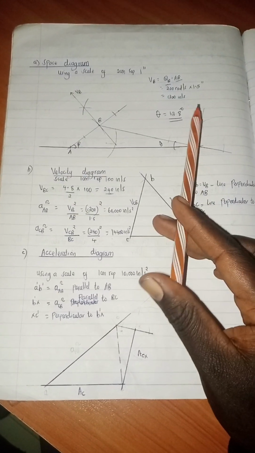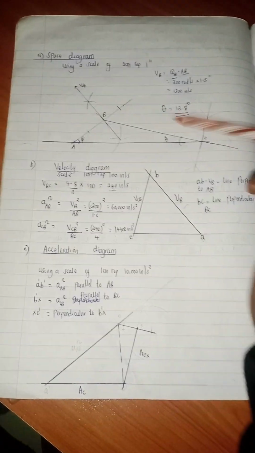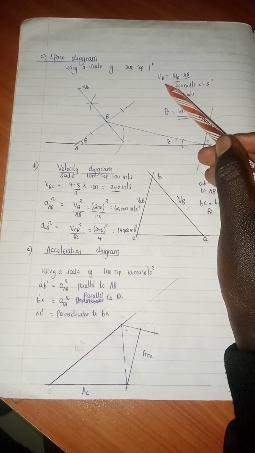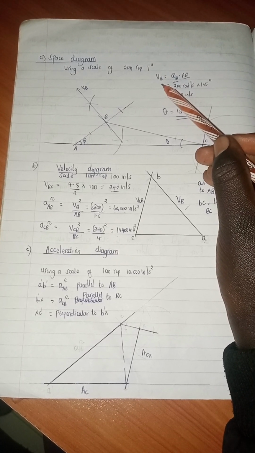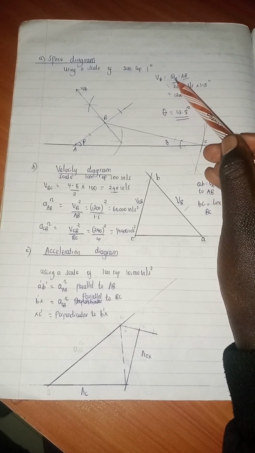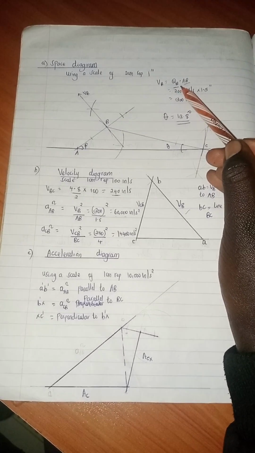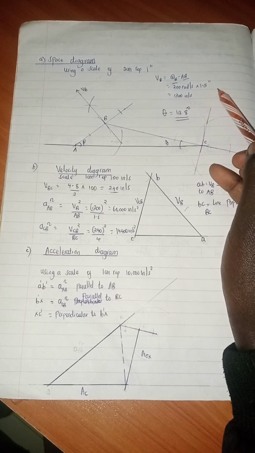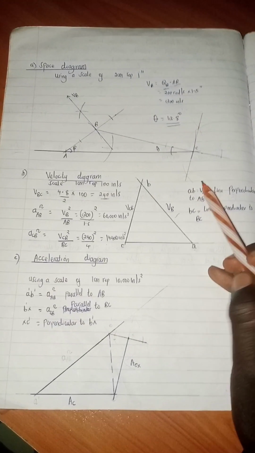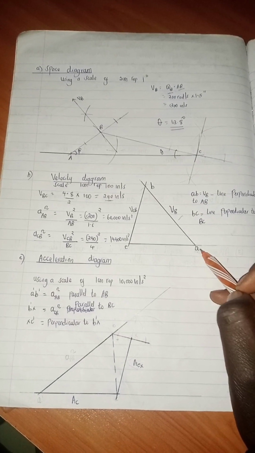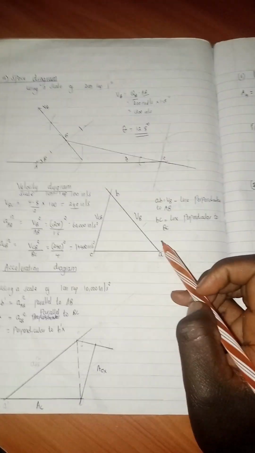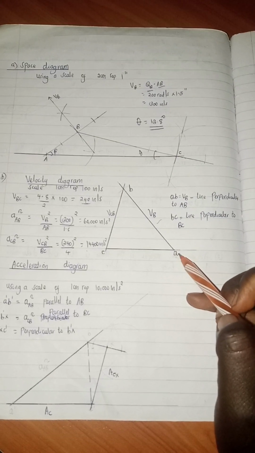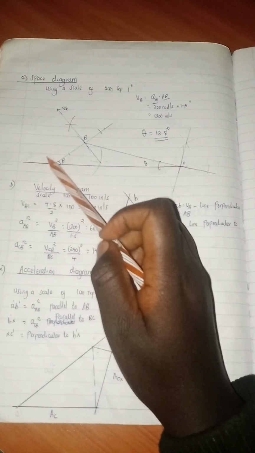Since you are given the angular velocity of the crank, the velocity of B will be given by omega times AB. So it comes to 300 inches per second. This is represented by the line perpendicular to AB from the space diagram.